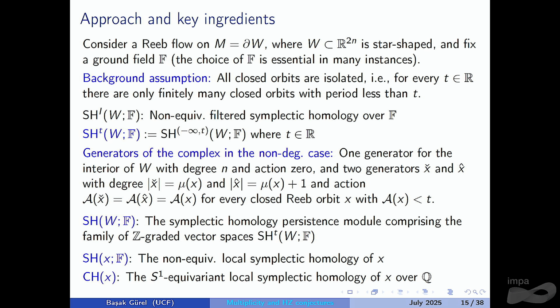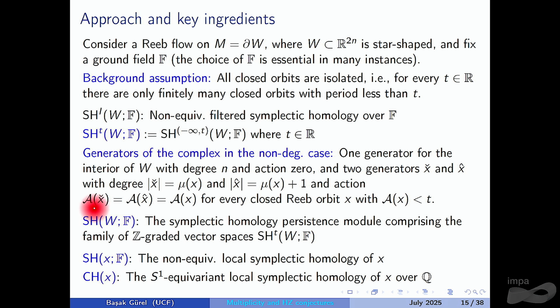I'm lucky that Victor reminded us all of this story yesterday. We know that in the non-degenerate case, this is generated by one generator coming from the star-shaped domain, regarded as degree n, action 0, and then for each closed Reeb orbit with action less than T, we have two generators of precisely opposite parity with the same action.